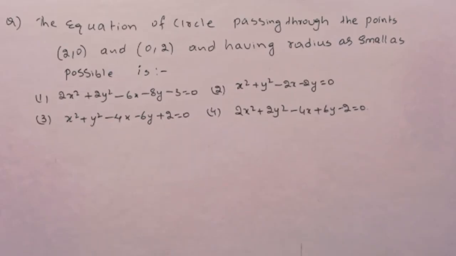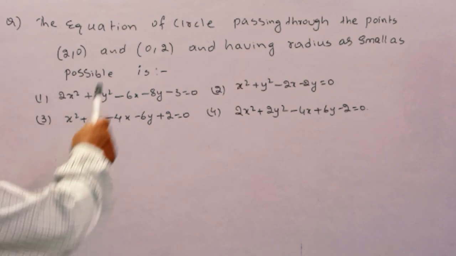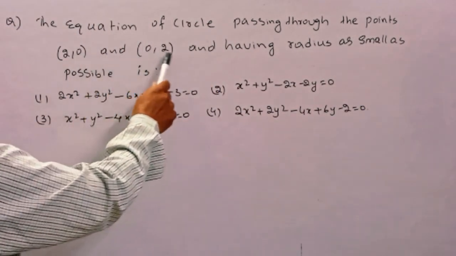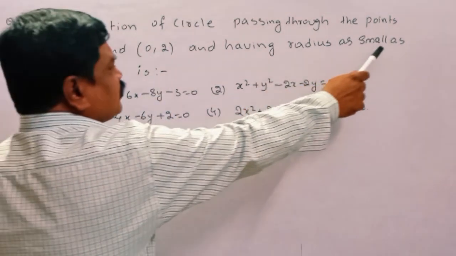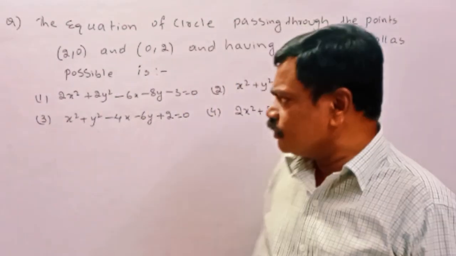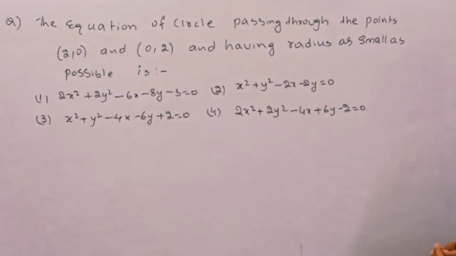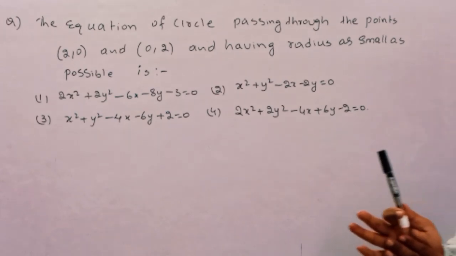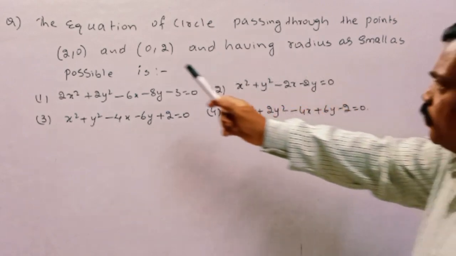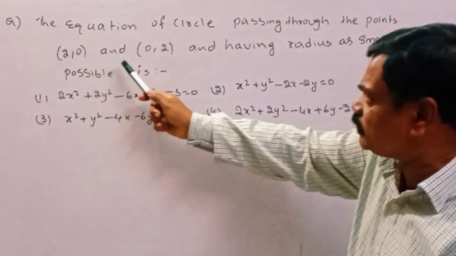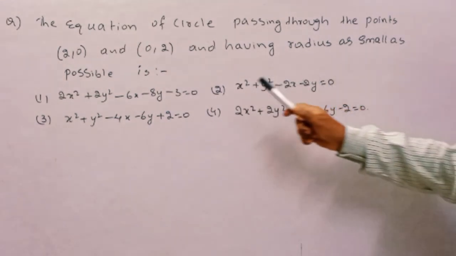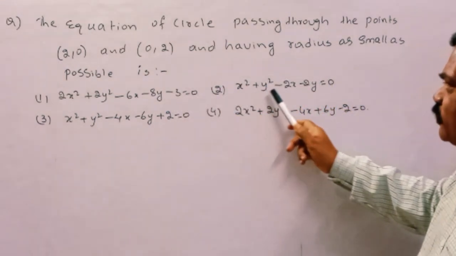Here we have a problem from circles. The equation of the circle passing through the points (2, 0) and (0, 2) and having radius as small as possible is: these options are given.